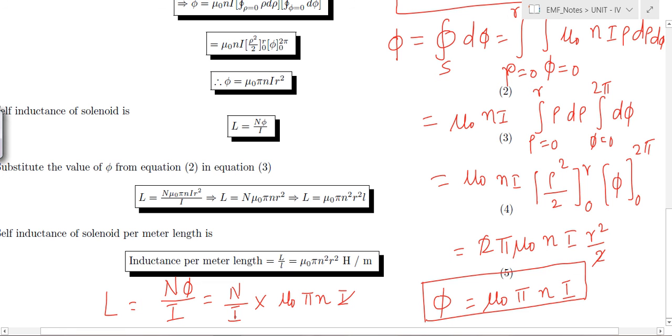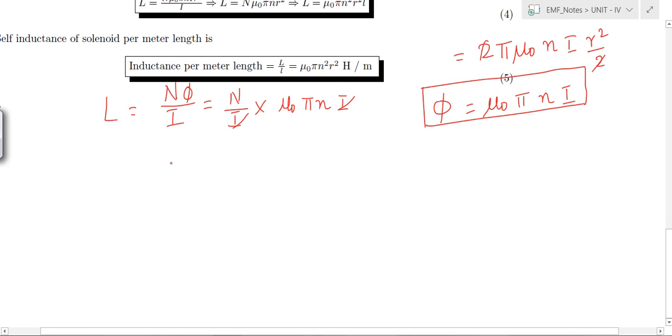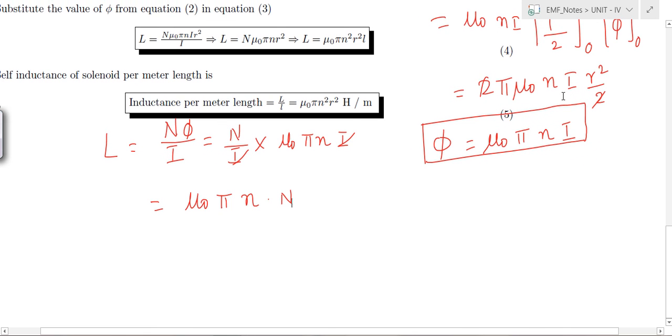I will get cancelled, which is in turn equal to mu naught pi small n into capital N r square, where capital N is the number of turns. Sorry, here I forgot to write r square.